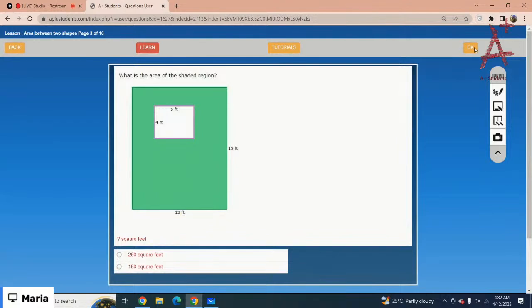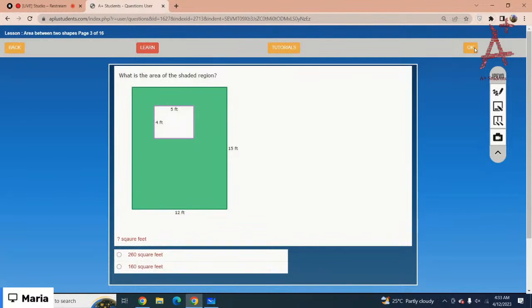What is the area of the shaded region? They are the rectangles. The area of the inner rectangle is 20, and the area of the outer rectangle is 15 times 12.